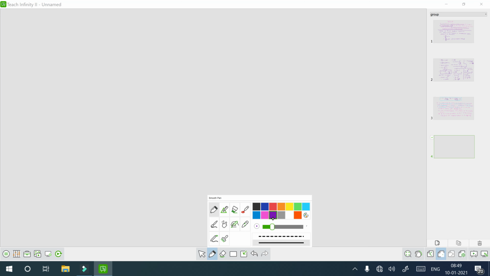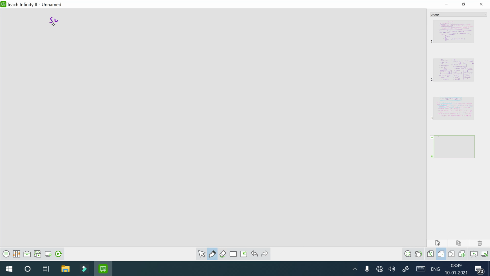Suppose at time t, number of bacteria is n, and initially it is n0.